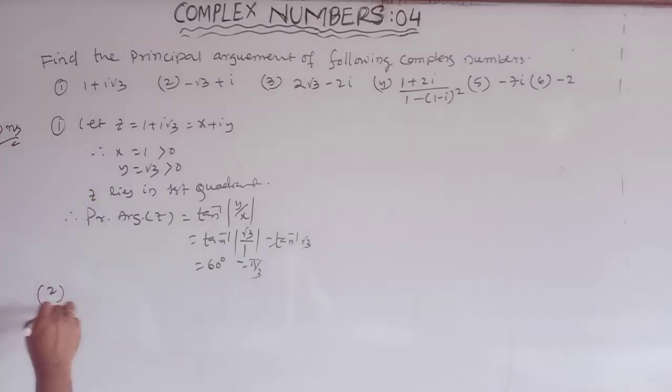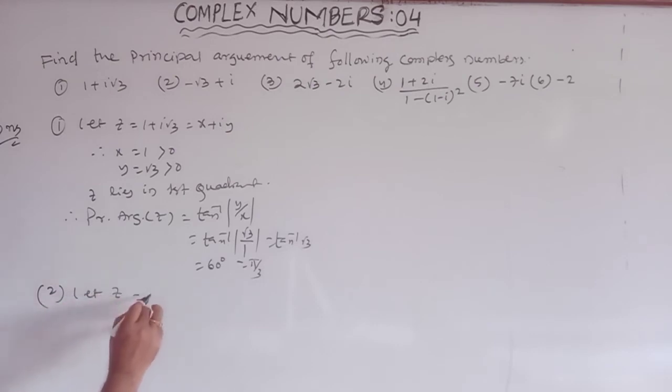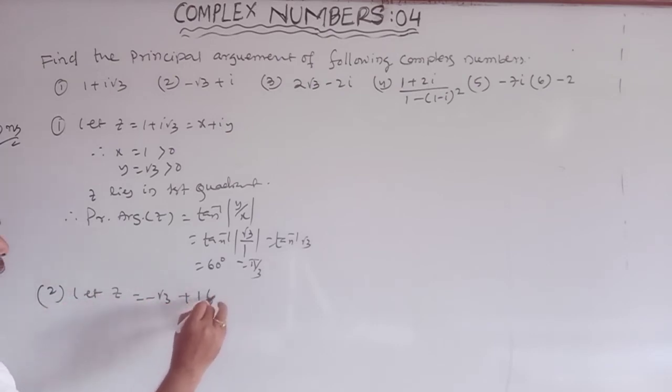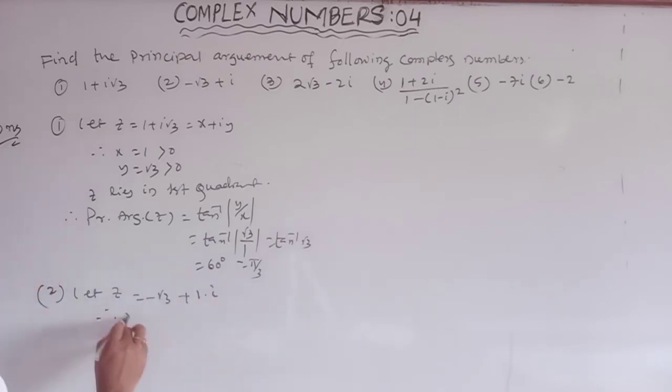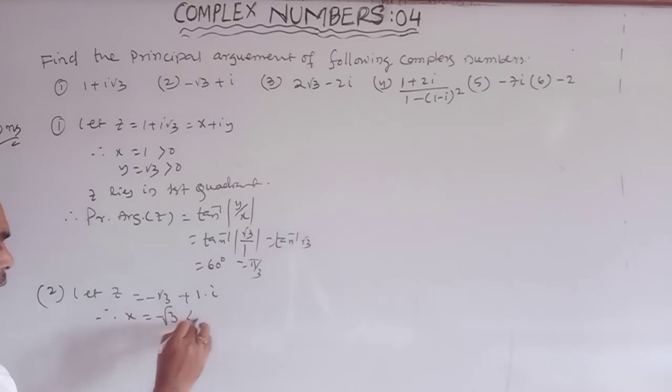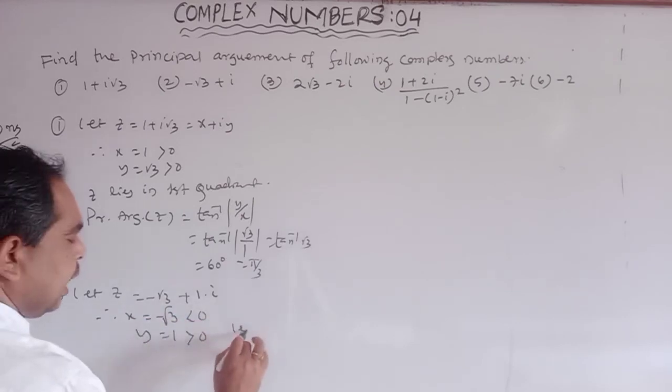Second one, let z is equal to minus root 3 plus 1 into i. Therefore x is minus root 3 less than 0, y is equal to 1 greater than 0. So z lies in second quadrant.